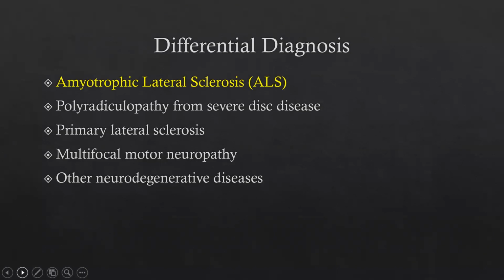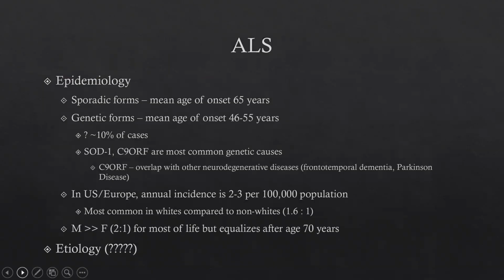So let's just talk about amyotrophic lateral sclerosis. In terms of epidemiology, amyotrophic lateral sclerosis or motor neuron disease has 2 forms. There's a sporadic form and there's a genetic form. Their age of onset is generally around 65 years for sporadic, and between 46 and 55 years for genetic.